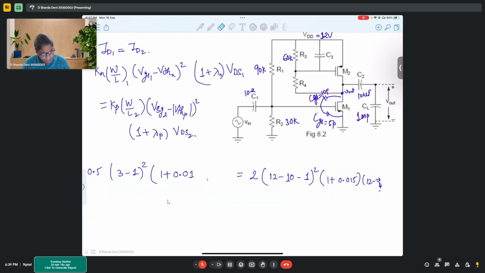Now we can put up. No, I don't think this bracket should be there, right? 1 plus. Acha, this extra bracket. Okay, that was confusing. Now it's fine.